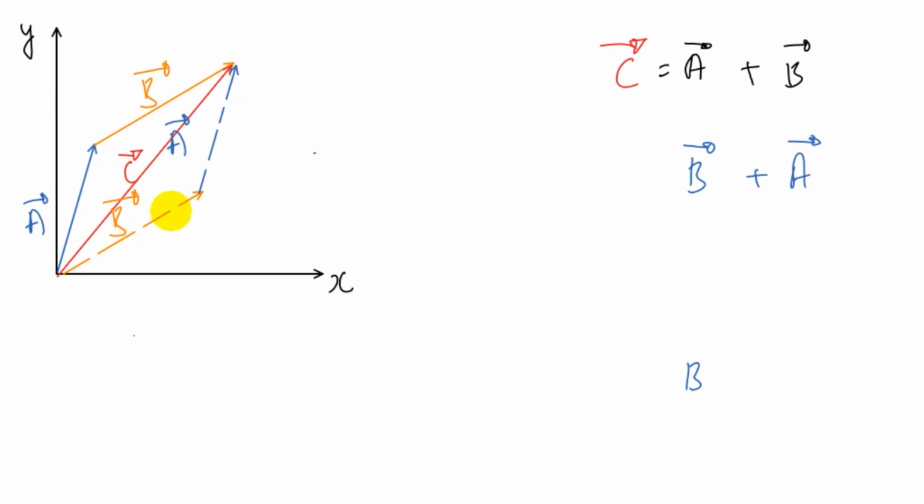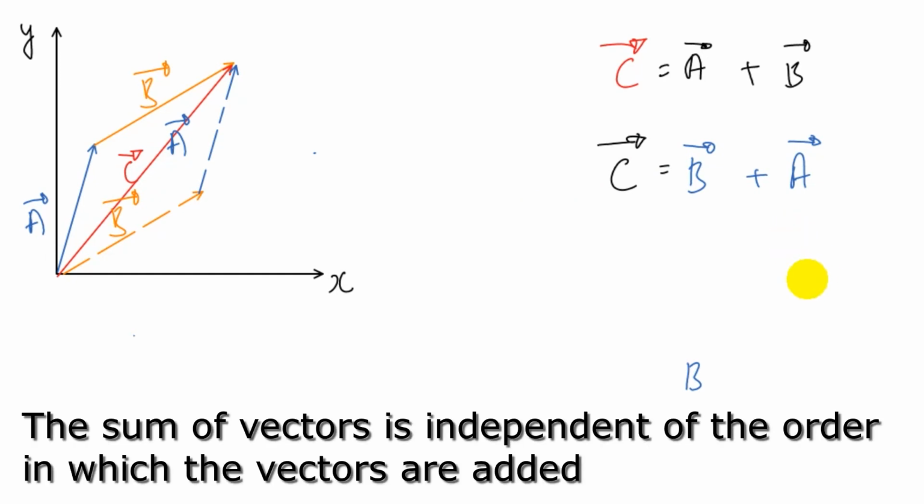Now, how do we add vector B and vector A? Join the tail of the first vector with the head of the final vector. So vector C represents the addition of vector B plus vector A. From here we conclude that the sum of vectors is independent of the order in which we add them. Whether we add A plus B or B plus A, we get the same result.